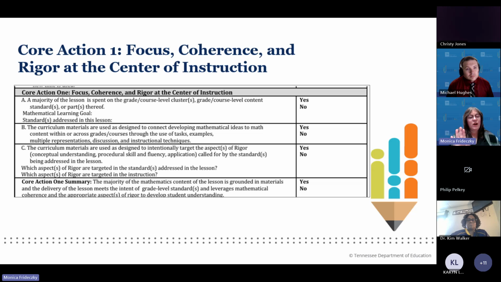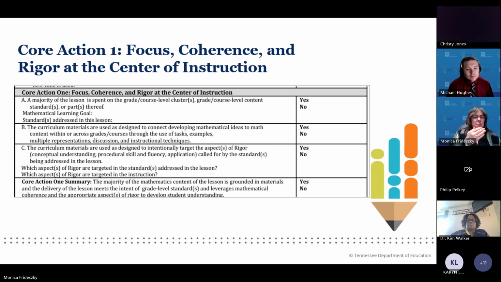So, one thing to note here that I think is really important, just having the materials out, the HQIM, just having them out and open is not an automatic yes to all of these indicators.